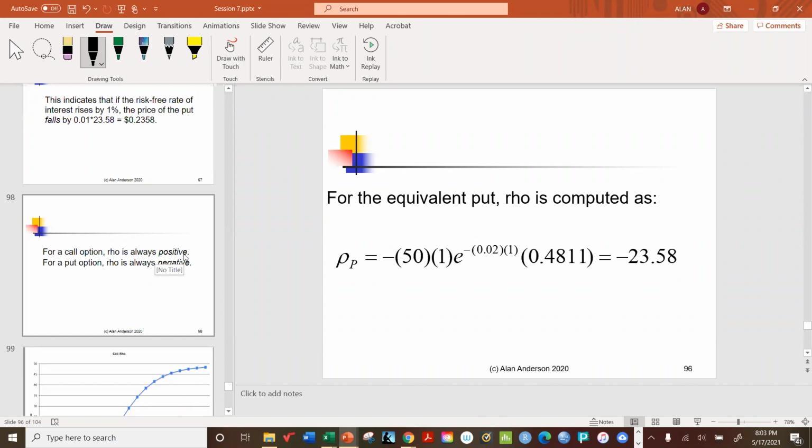All right, so just to summarize again, for a call, the rho is always positive, and for a put, the rho is always negative. Now, when you see the graphs, they should remind you of something we've seen before.